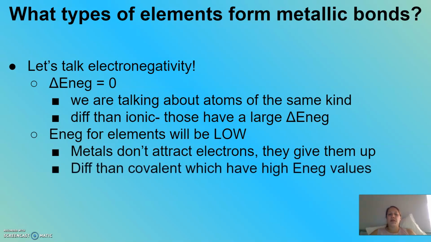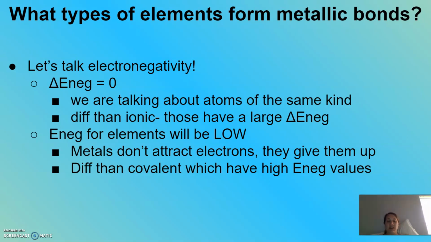And so this is what makes it different than covalent, because even though some covalent bonds have a 0 difference in electronegativity from atom to atom, covalent substances or atoms that are involved in covalent substances would have high electronegativity values. So while the difference between the two values might be 0 or pretty close to 0, the values that you're actually dealing with are high on the scale. So think about fluorine. Fluorine's a diatomic element.